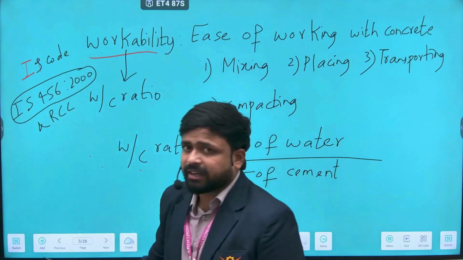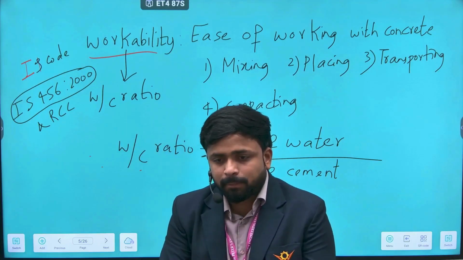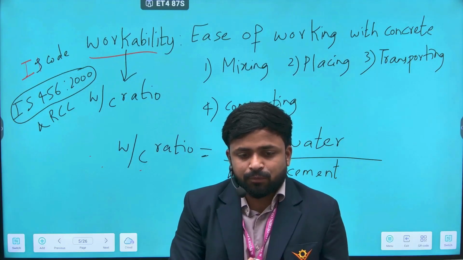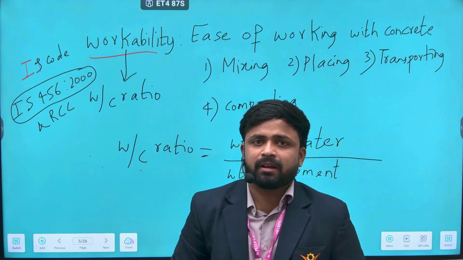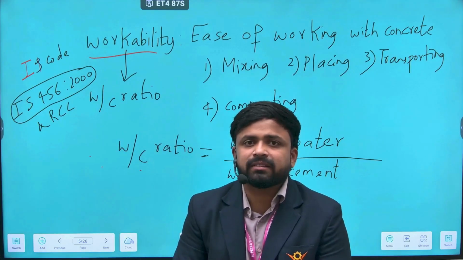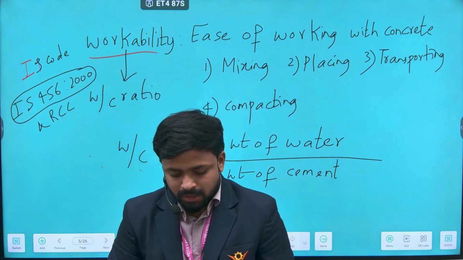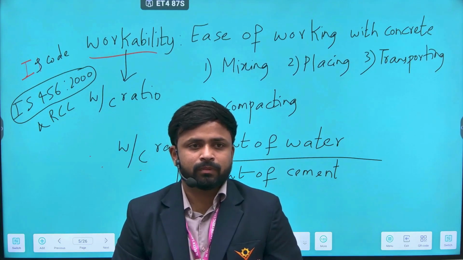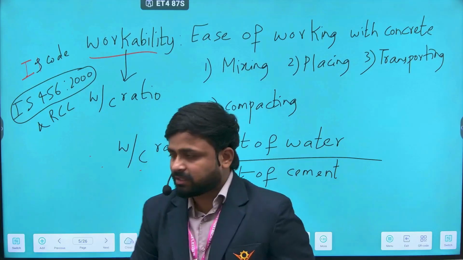The code gives recommendations on what proportions you need to mix, and at what water cement ratio you need to add the amount of water based on the cement requirement, to achieve the strength. Ultimately we need to get strength and durability, and then safety and economy. These four parameters are the most important in concrete technology.